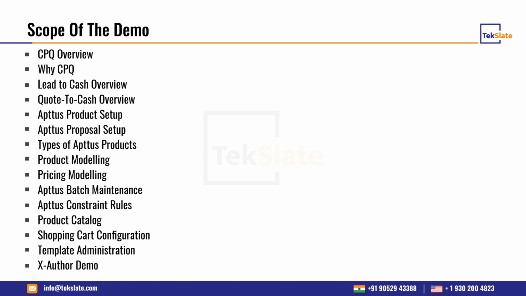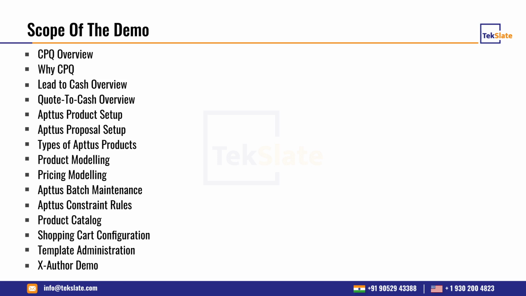And going forward, we have Apttus proposal setup. In Apttus proposal setup, after the products are configured, we create a proposal for our clients or customers, which means we have to configure the products, either a service or a product. Both are called product in Apttus CPQ language.